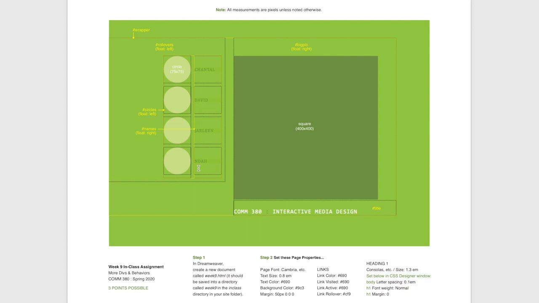Now you'll notice everything so far is an ID because they are unique and primary containers. Once we get inside of the Circles box, you'll notice that there are a bunch of squares, and each one of these squares contains a circle, and they are all identical to each other. So this is a case where we are going to have these be a class. So this is going to be .student circle, and then over here in the names container, these are each going to be student name class.